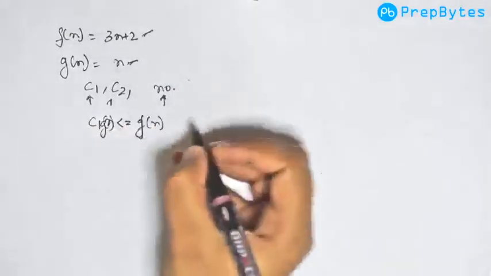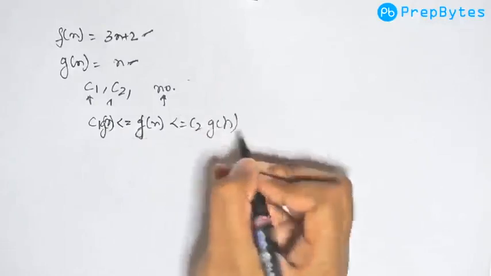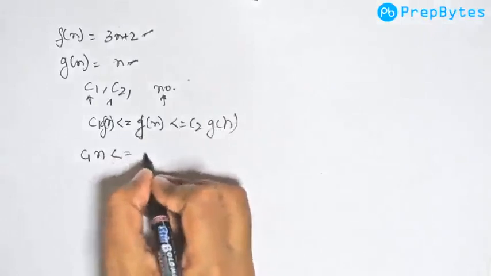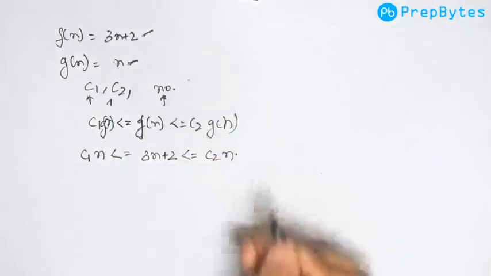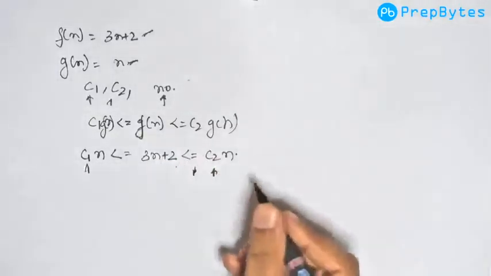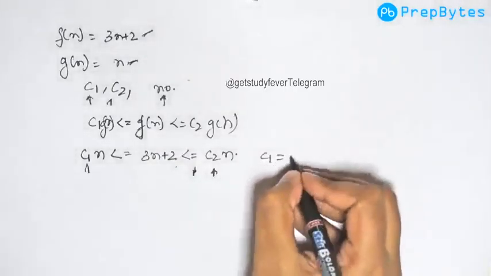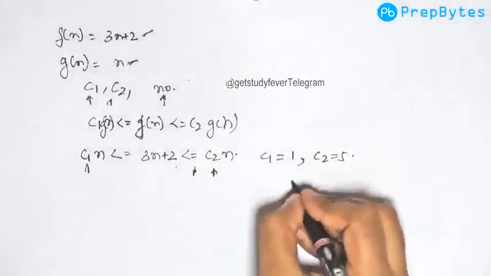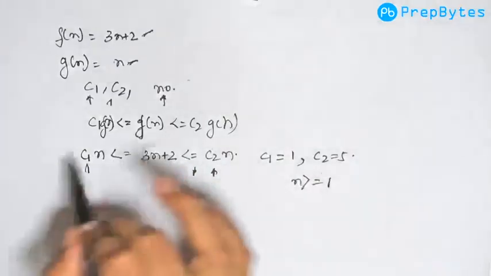So we want some C1 and C2 and N naught such that this condition holds true. So what happens when we put C1 equal to 1 and C2 equal to 5 and for values of N greater than or equal to 1, we have calculated that this condition will hold true.